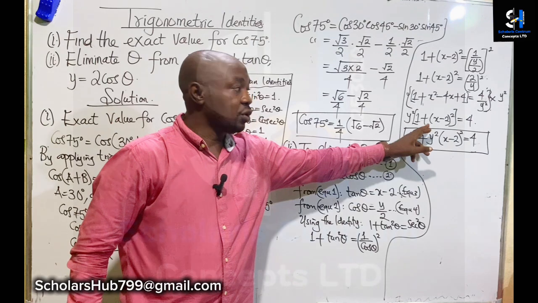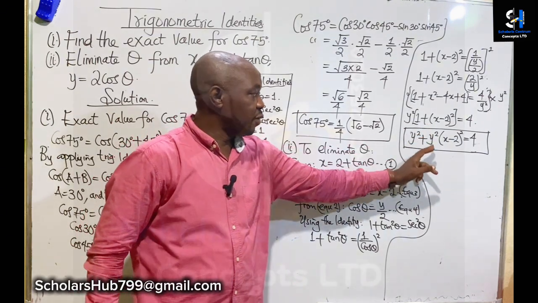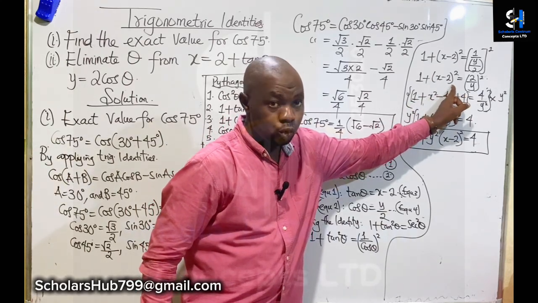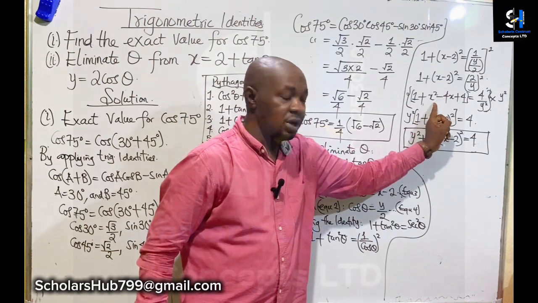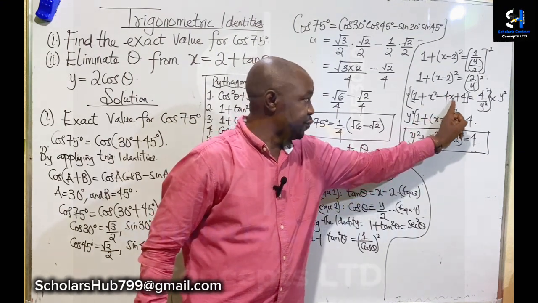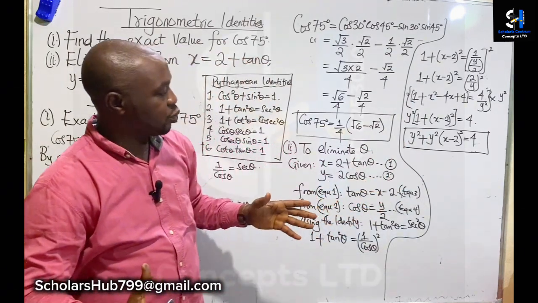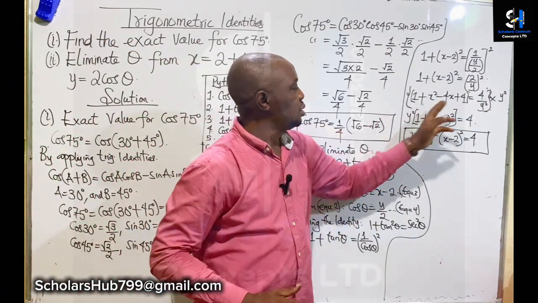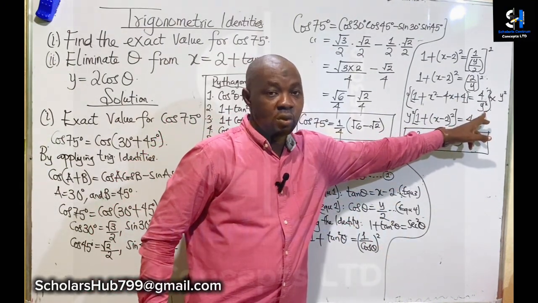Of course, we can also leave the equation this way, but I prefer to leave it this way. That is, 1 plus the square of x minus 2, which I expanded here to be x squared minus 4x plus 4, then plus 1, but it's not necessary again. Because I decided to multiply the equation by y squared so as to get rid of y squared on the right hand side.